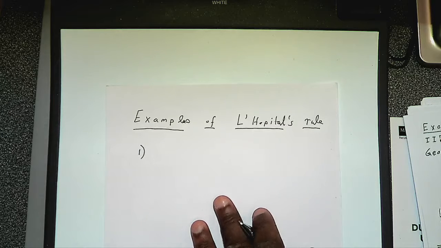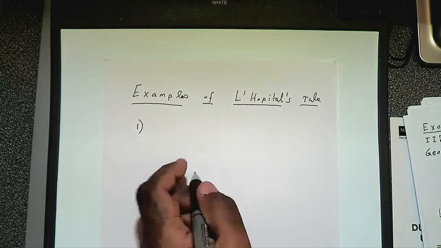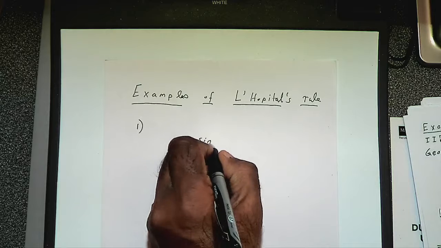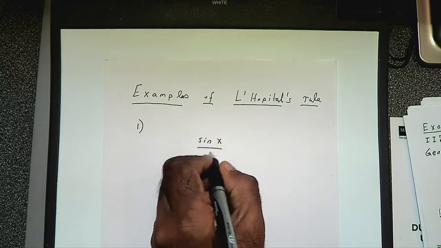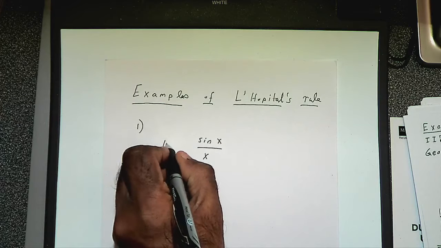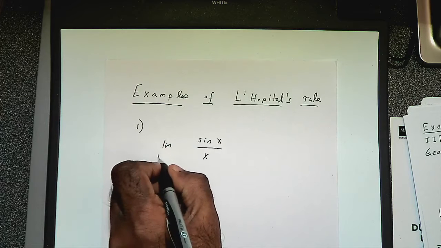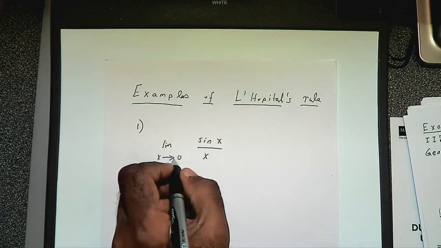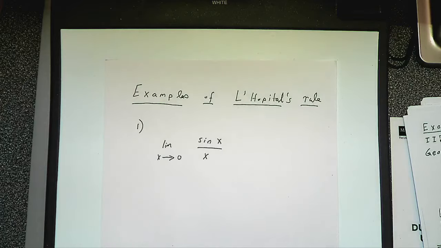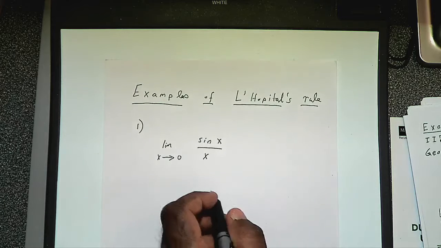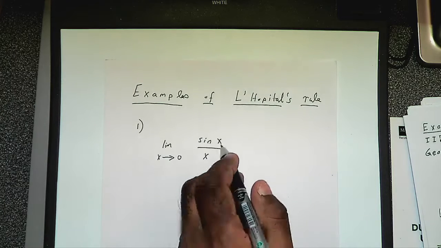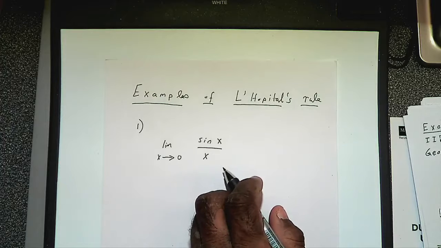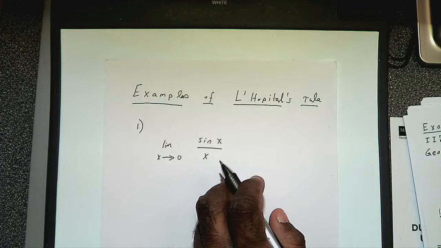So this is example 1. Suppose you have sine of x divided by x, taking the limit as x goes to 0. Now you know that sine of 0 is 0, and so you have 0 divided by 0, which is a case where you can use L'Hopital's rule.